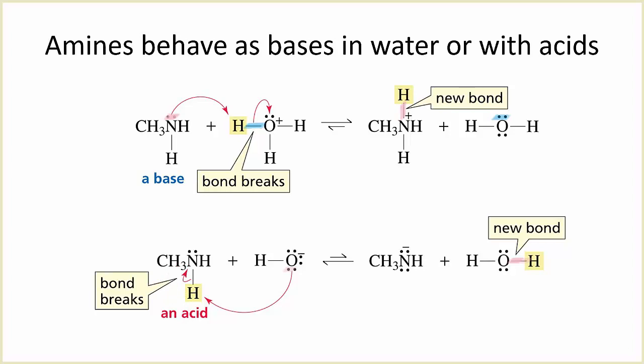So in other words, this becomes that. And again, this is neutral, but it picked up the pair of electrons. It lost the hydrogen, so it has a negative charge, and so it becomes more negative. And then the hydroxide picked up the hydrogen, became more positive to form water, which has no charge.